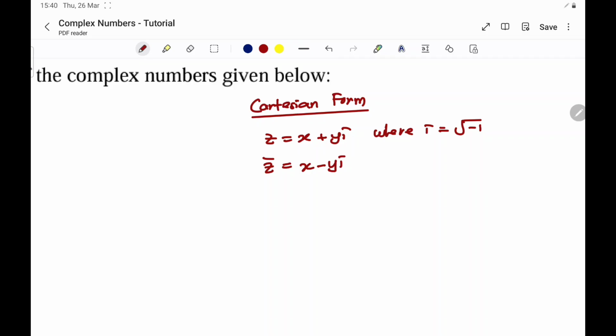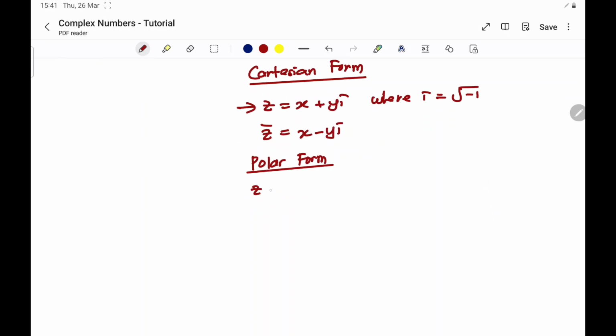Now, when they ask us to change this into polar form, you still have to write z, but not in the form of x plus yi. It is z in the form of r cos theta plus i sin theta.